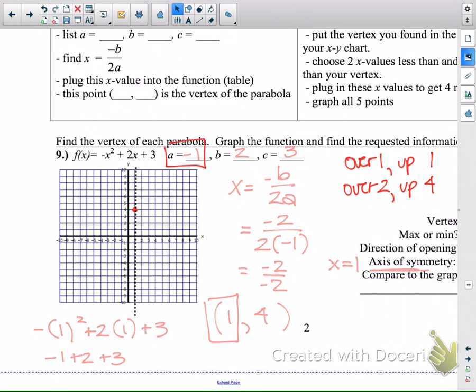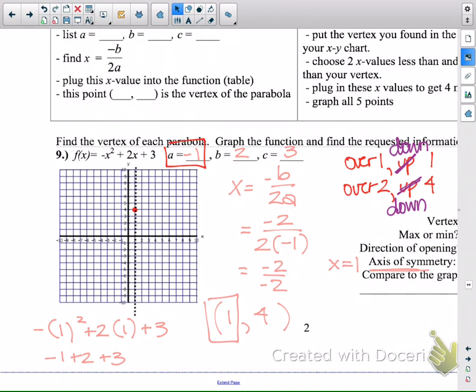First, my A value tells me that this opens which way? Down. So the first thing that A value does is changes it, instead of up 1, it changes it to down. It only changes the up part. It does not ever change the over 1, over 2 part. So the negative changes it to down 1.